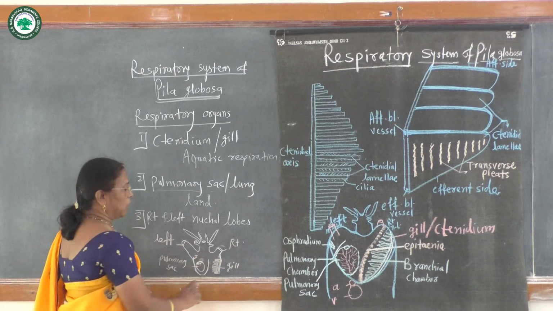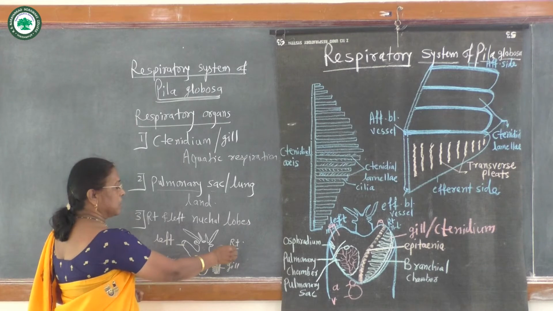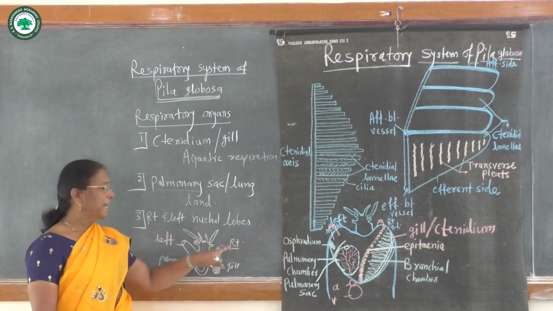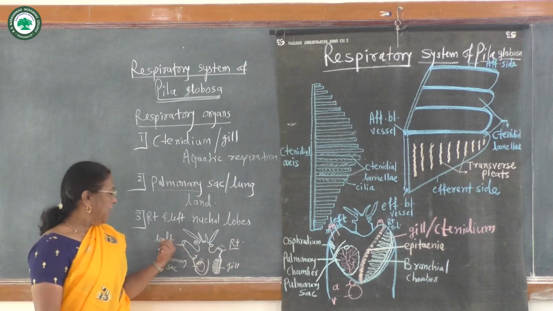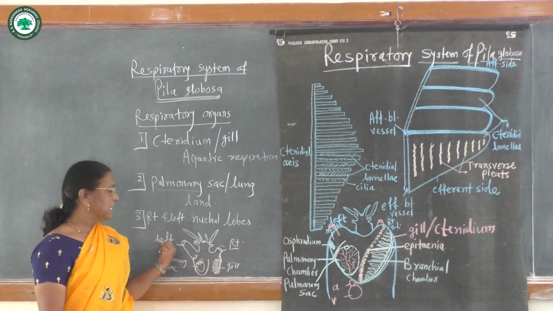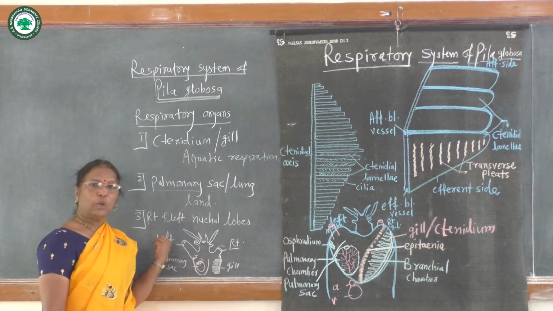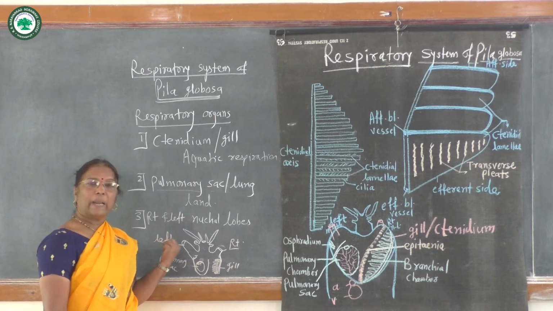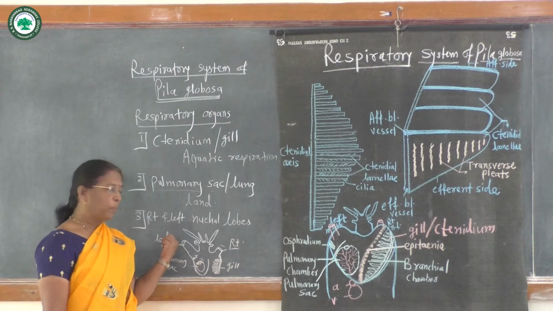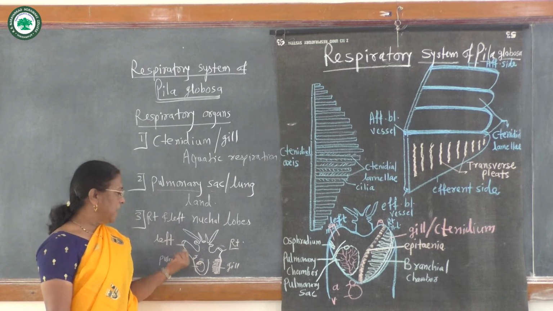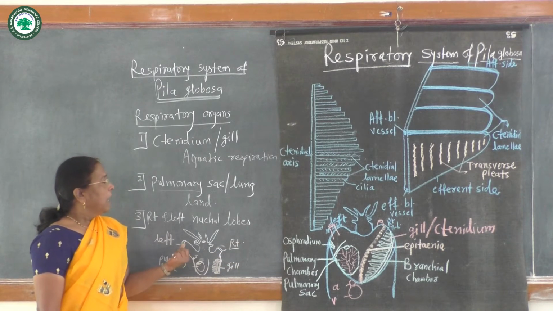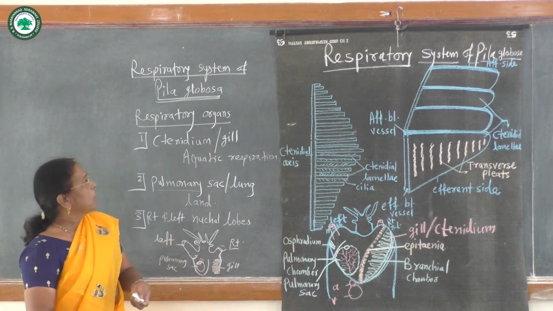The right nuchal lobe is short; it is also called the pseudopodium or right siphon. On the left side of the body, there is a second fleshy lobe, called the left nuchal lobe or left siphon or left pseudopodium, which is comparatively larger than the right nuchal lobe. These are the respiratory organs.